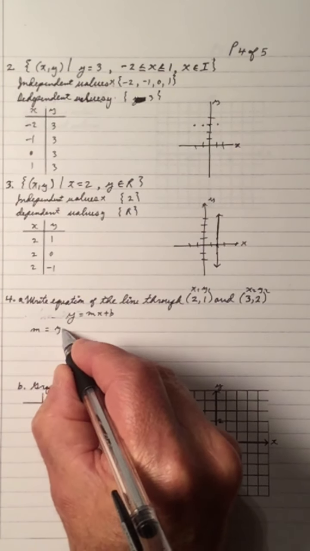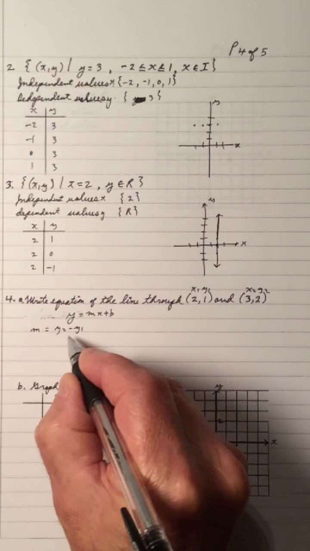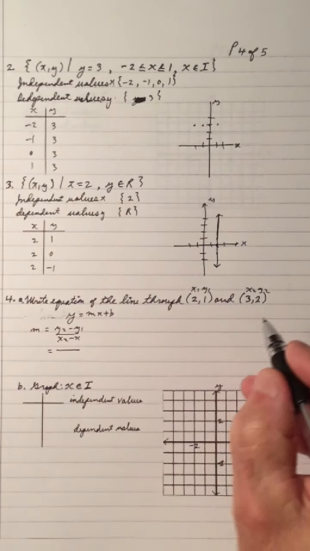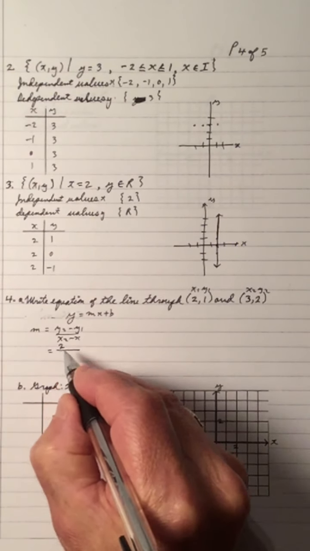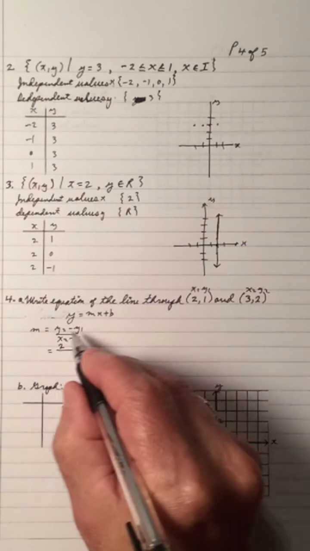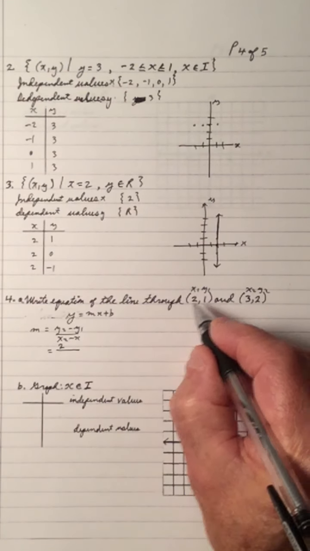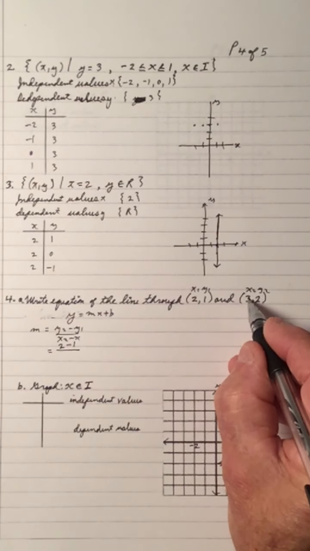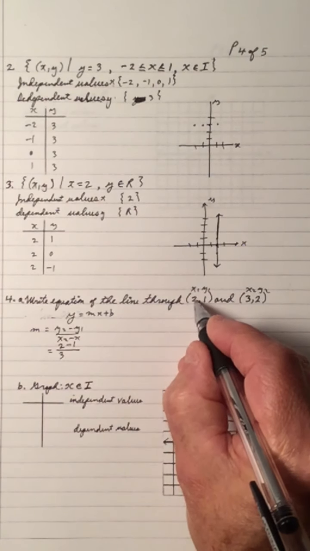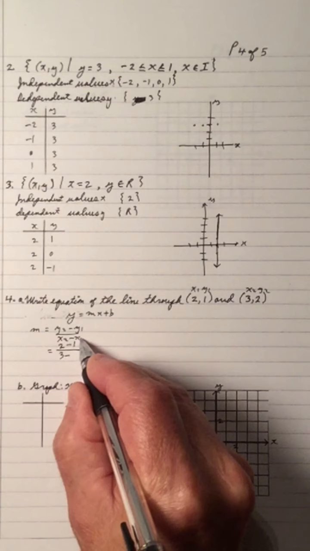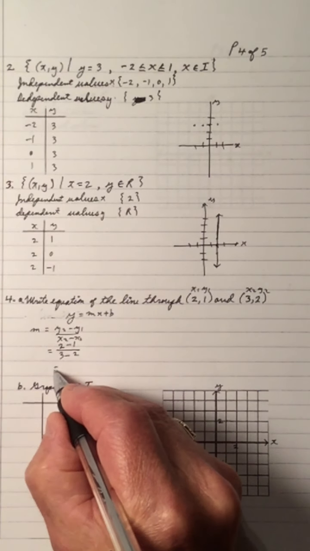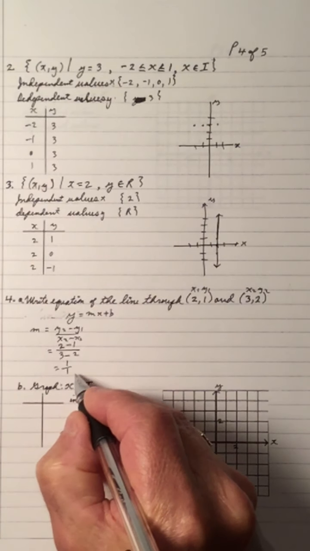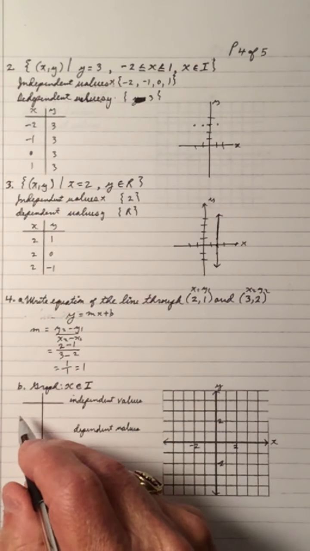So the slope formula is y2 minus y1 over x2 minus x1. y2 is 2, y1 is 1, x2 is 3, x1 is 2. So there's 1 on the top, 1 on the bottom. So the slope is 1.